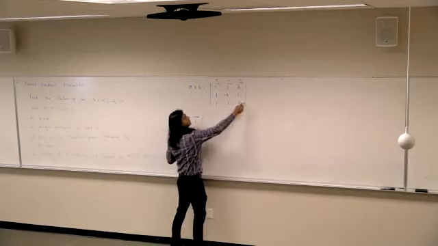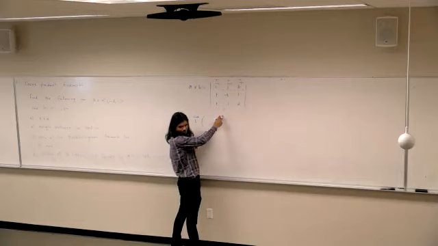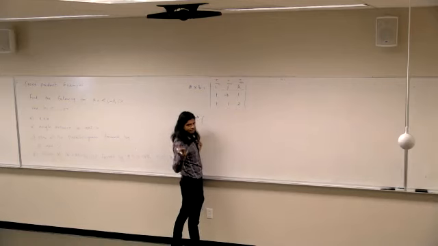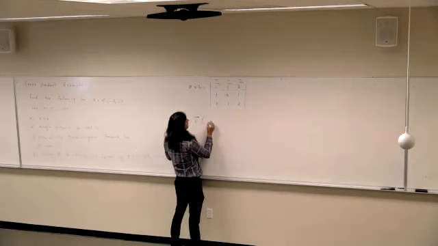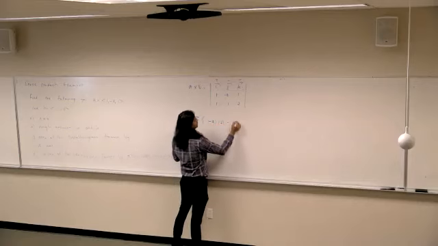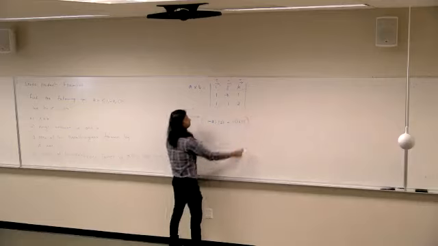We want to find the determinant of that matrix. That's easy. For A, B, C, D, we simply have to do AD minus BC. So -3 times 2 minus 1 times 1.